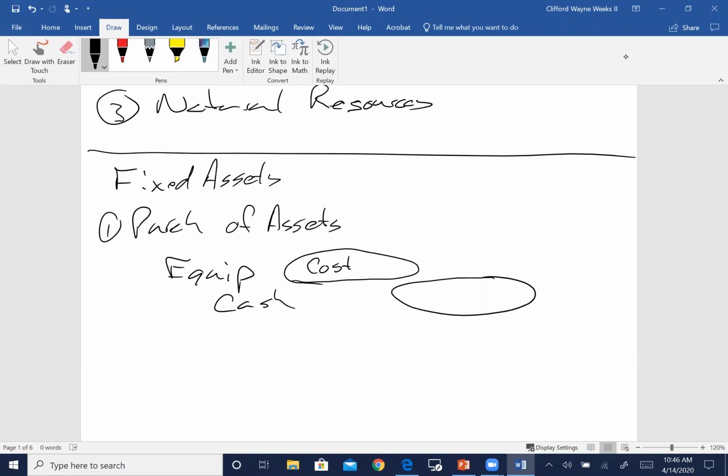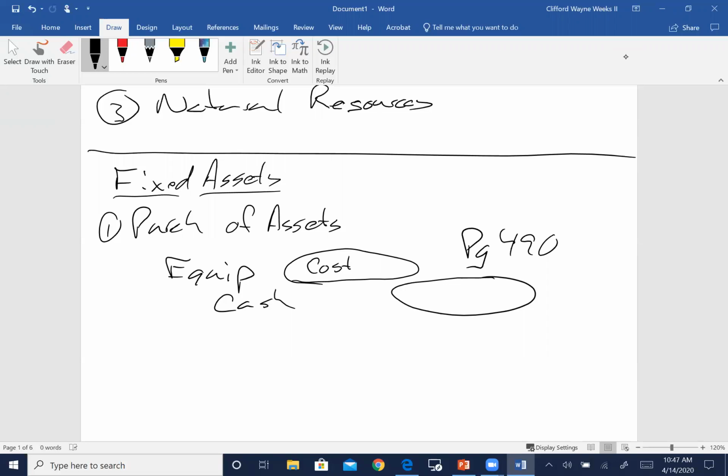All right, it's on page 490. Okay, Exhibit 2. All right, Exhibit 2 walks you through what costs should be included, all right, in acquiring fixed assets. Definitely look at some of that stuff.